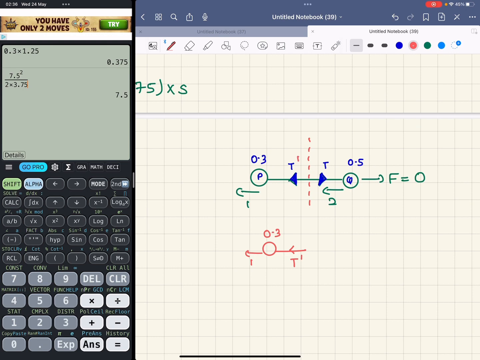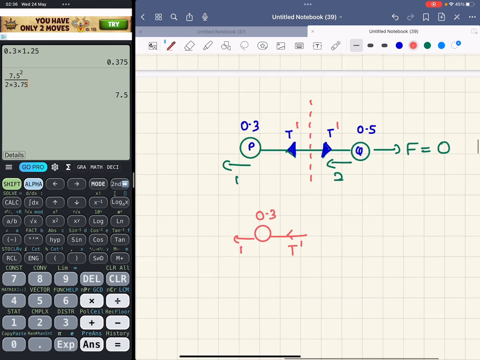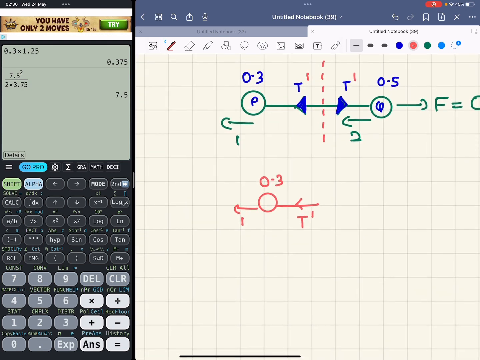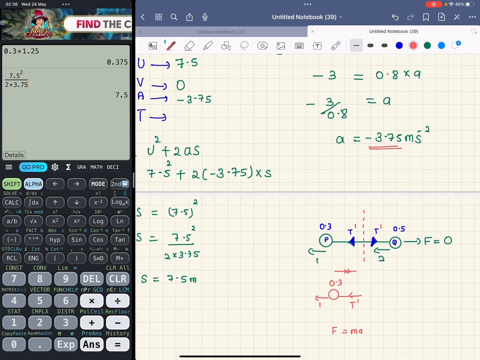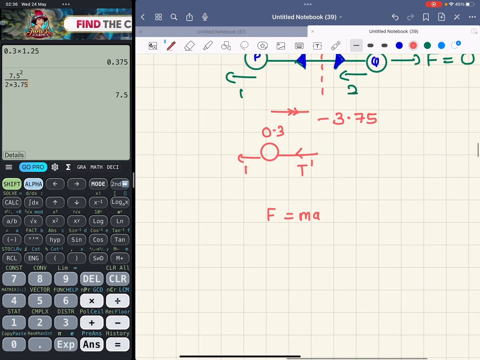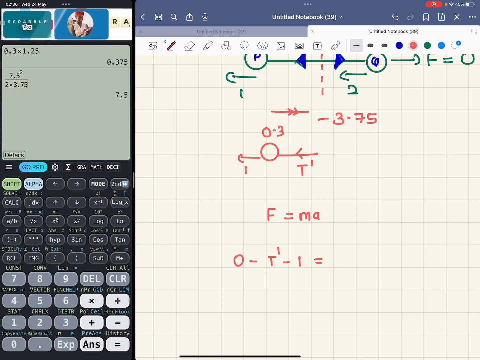So I'm going to put T dash, then it's easier. So forward, F equals ma. Object is still moving this way. It's decelerating basically. So we've calculated the deceleration as minus 3.75. So forward is nothing, minus backwards is T dash. Another backward force is 1, equal to mass 0.3 times minus 3.75.